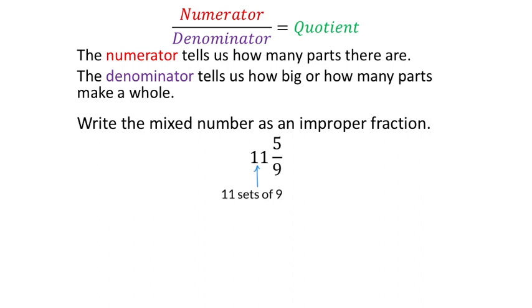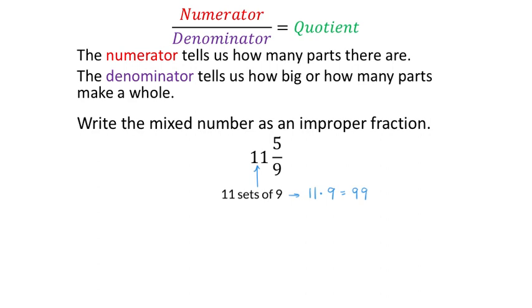All right. Now the reason why that's important is because 11 sets of 9 is the same as taking 11 and multiplying it by 9. So this is how many pieces would fit into the 11 shapes, or in this case, circles. 11 times 9 is 99. So that's 99 pieces just from the 11 full circles.